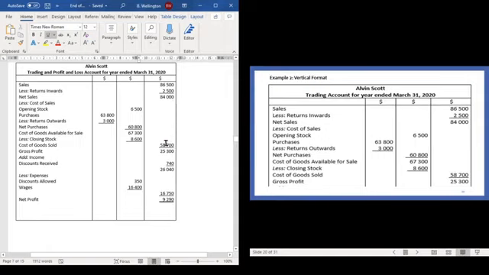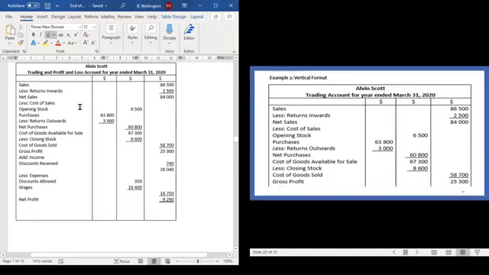If your net sales is greater than your cost of sales, you will end up with a gross profit. However, if your cost of goods sold is greater than your net sales, then you're going to end up with a gross loss. Okay, so here it is.